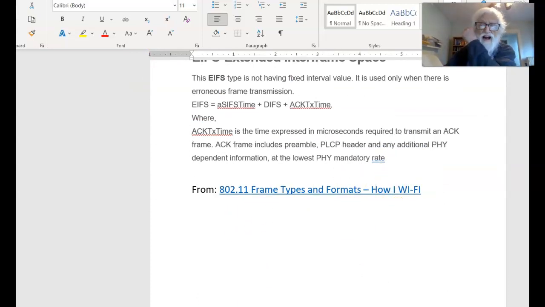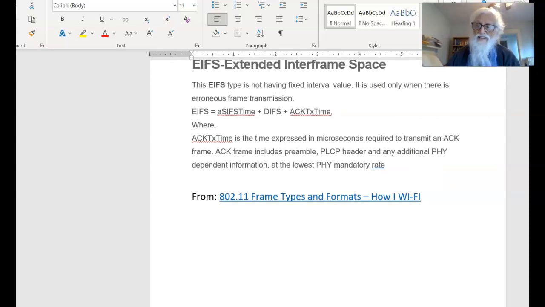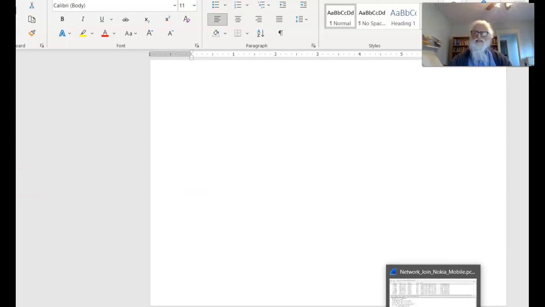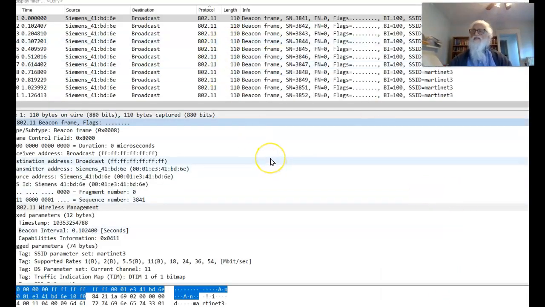Now, I don't think that I can use my computer to get an 802.11 Wireshark output. However, I went on the web, and several places have exercises that involve these, and they have various Wireshark captures.